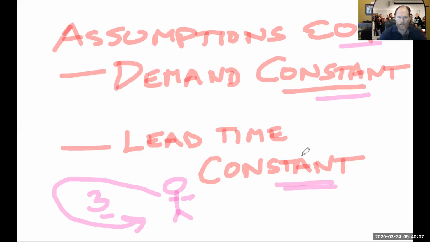And there are probably other operations that work that way. So these have to be in place. If we have a situation where we're trying to model inventory and either demand is not constant or lead time is not constant, then we shouldn't be using EOQ as a model. And that's very important to realize.